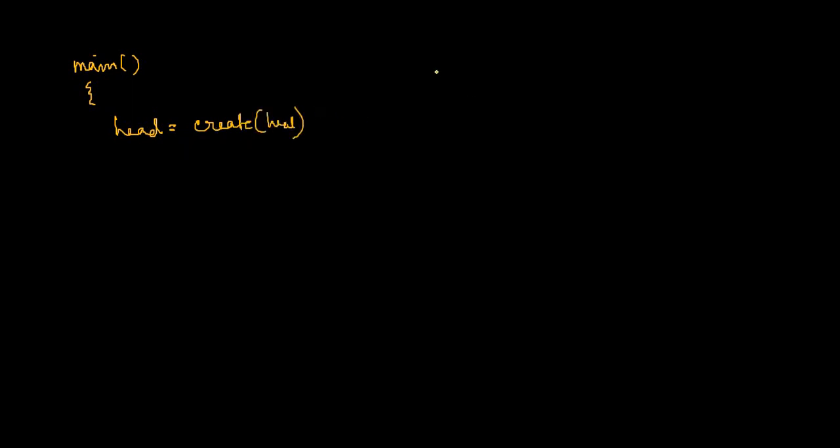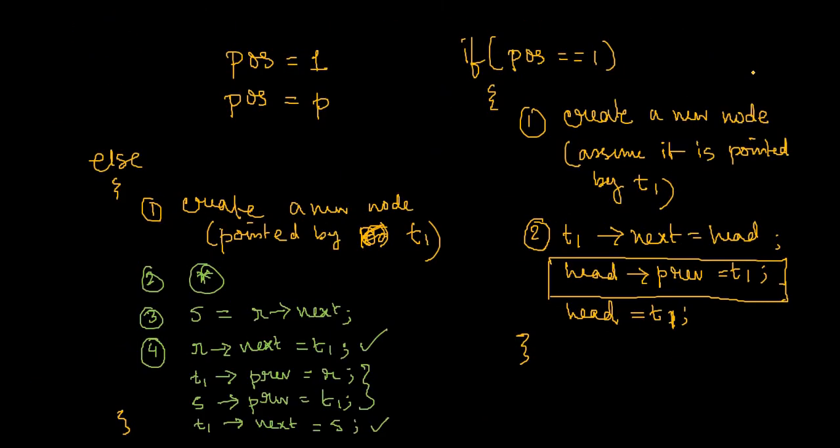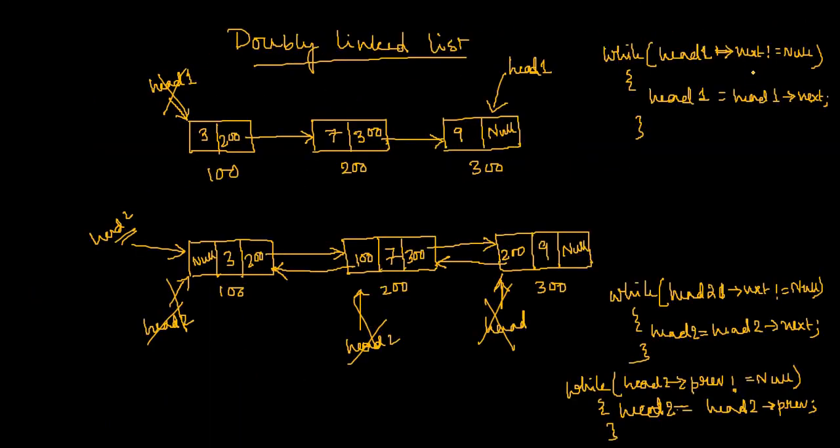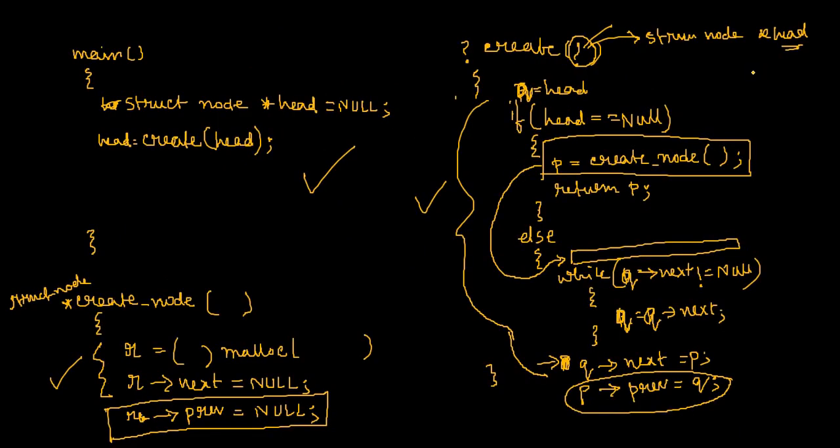And in the create function, the first step is obviously to create a new node. You see, in the previous cases, we created a new node within the if. That's why I had to repeat it in the else part.